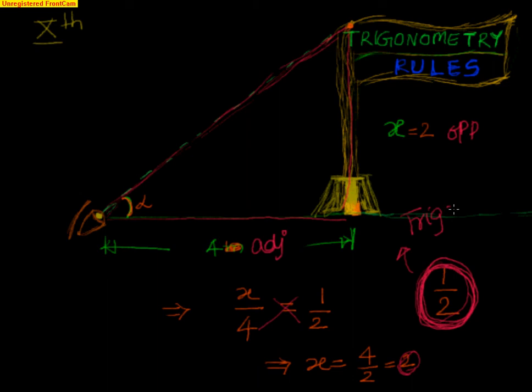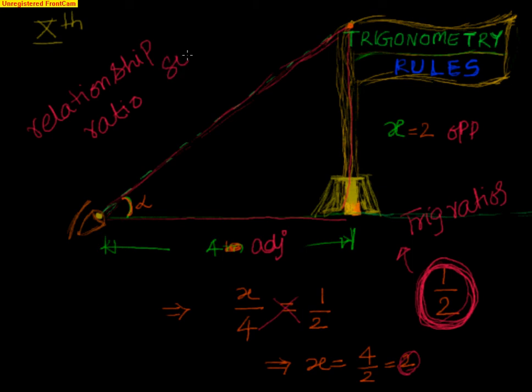Trigonometrical ratios give me the relationship, or the ratio, between the sides of a right angle triangle. These are called trigonometrical ratios.